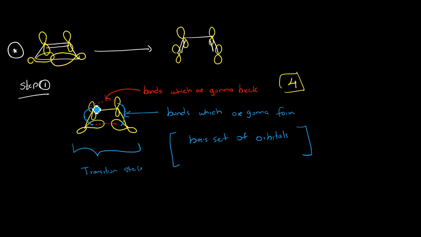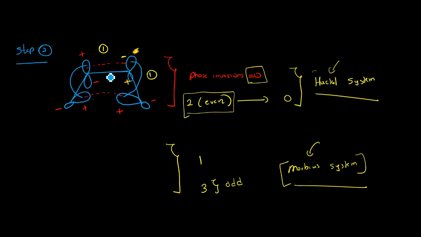So make sure you can either put the dashed line for the bond breaking or dashed line for the bond forming. You can choose any form, but you need to be clear on what bonds are going to break, what bonds are going to form. And the next, you need to assign the signs for each phase of the orbital.